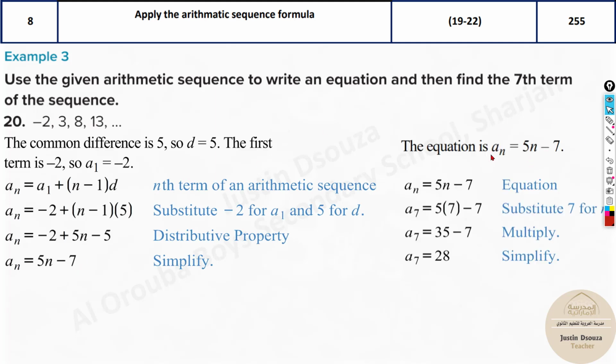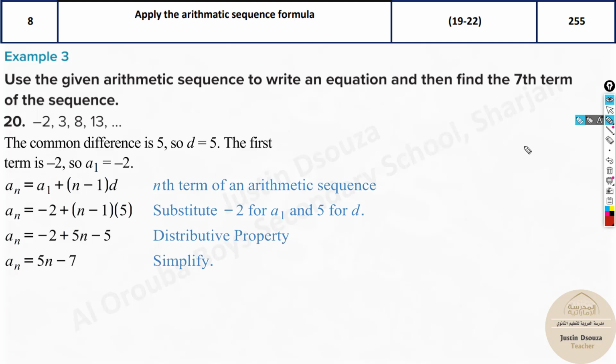Now, what is the nth term? Here, you can use this equation, or I will show you over here. It will be the same formula, that is an equals a1 plus n minus 1 times d.